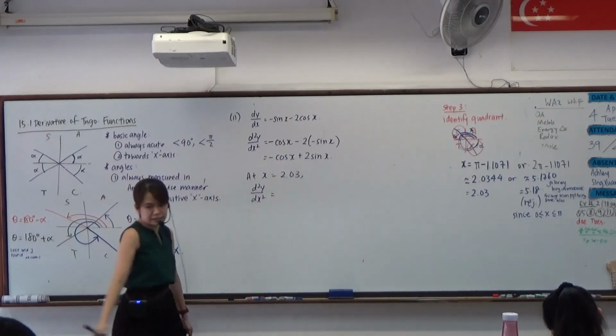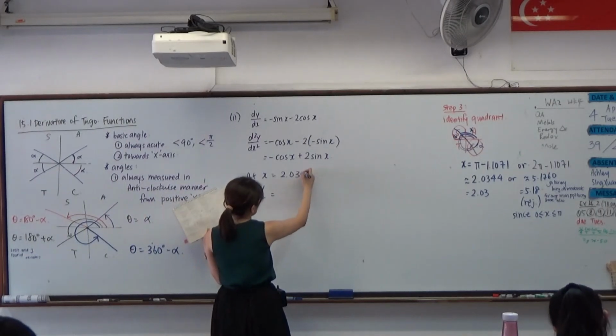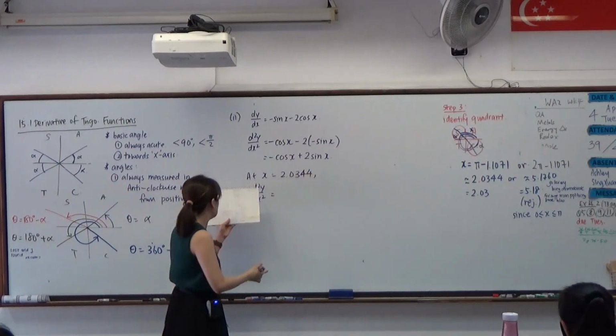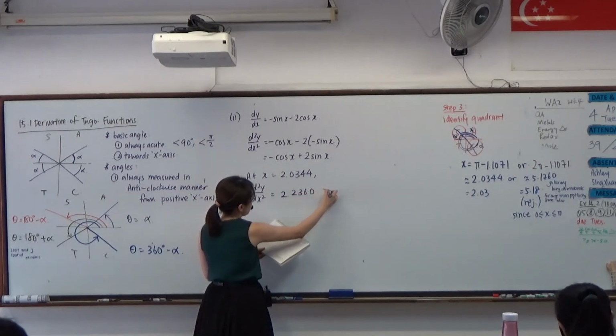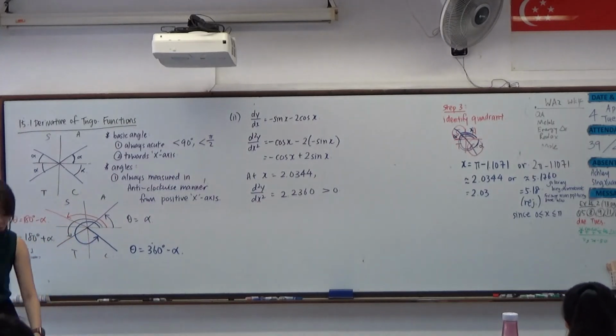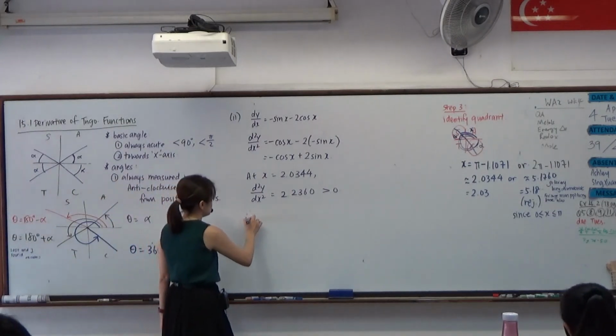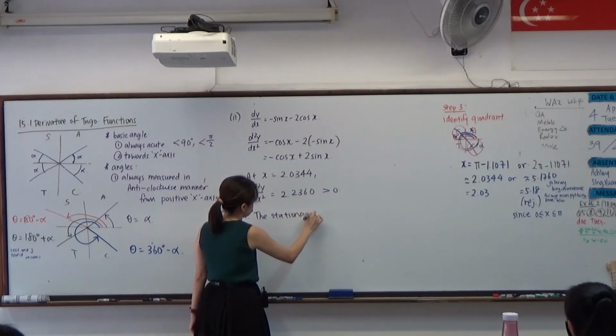So we use 2.0344, the truncated 5 SF value. We would get 2.2360, which is positive. And therefore, the stationary point is a minimum.